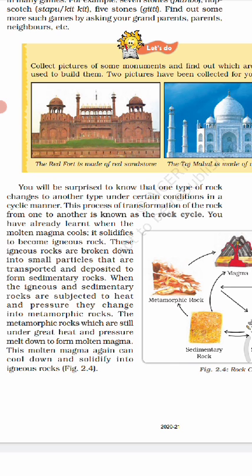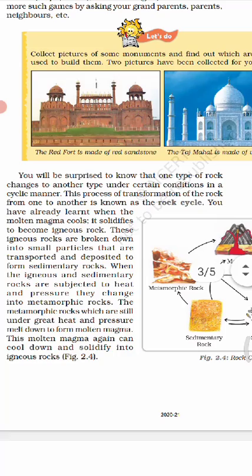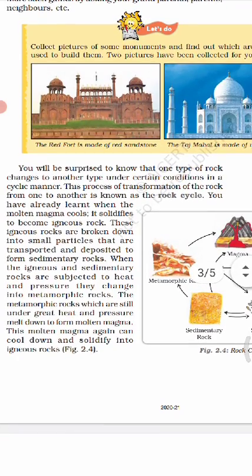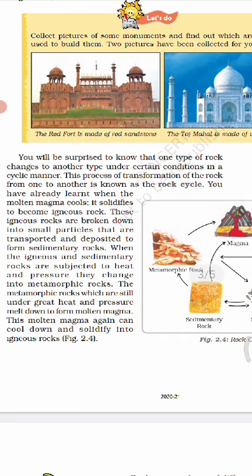You have already learned that when the molten magma cools, it solidifies to become igneous rocks. These igneous rocks are broken down into small pieces, particles that are transported and deposited to form sedimentary rocks. When the igneous and sedimentary rocks are subjected to heat and pressure, they change into metamorphic rocks.